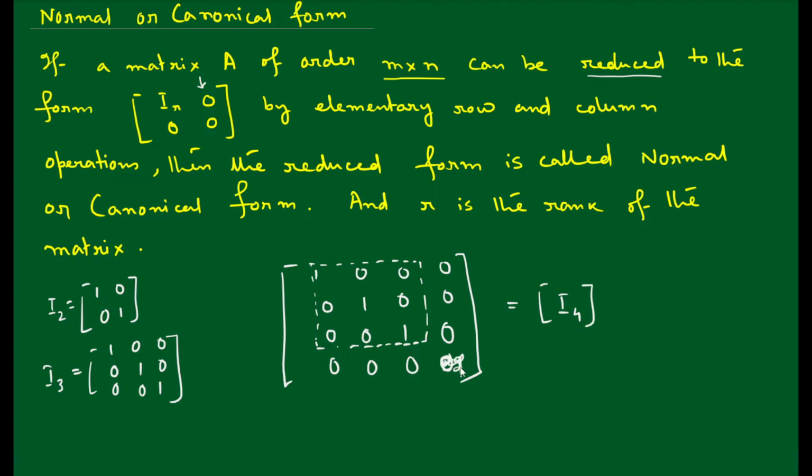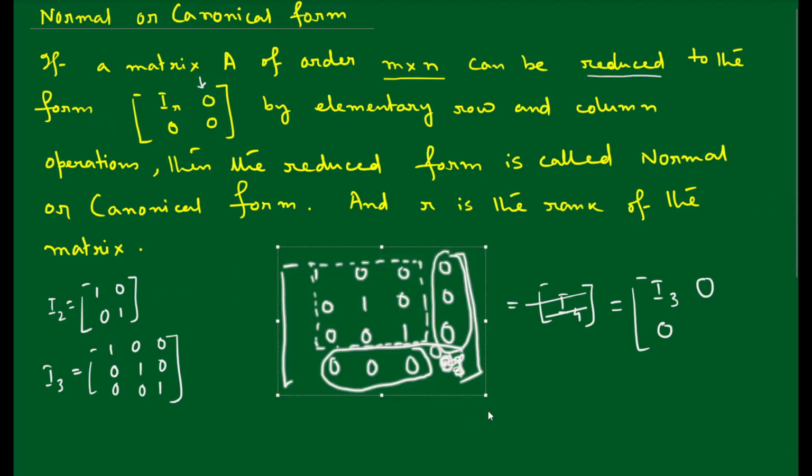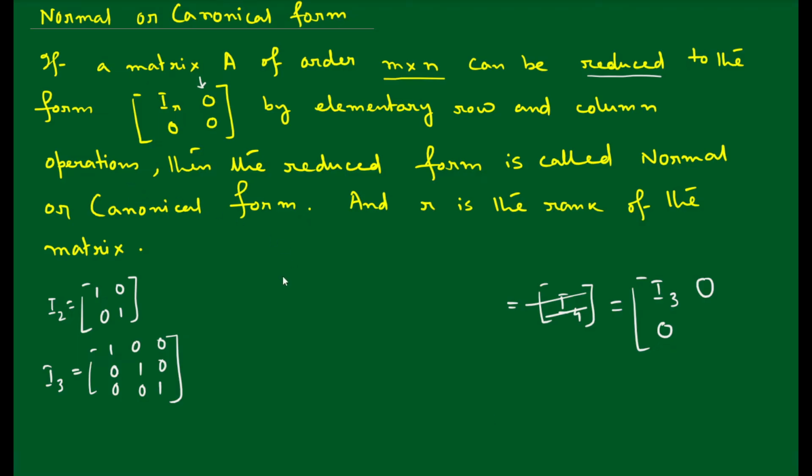But if the last element is not 1, it is 0, then in this particular part we get an identity matrix, but the remaining elements are all 0. Then for this box portion, we can write I3. After writing I3, you see there are some zeros here and some zeros here too. So how will we write it? Null matrix 0. So here also there is a null matrix. And finally, let me write it a little properly. Okay, let us write it again: 1 0 0, 0 1 0, then 0 0 1.